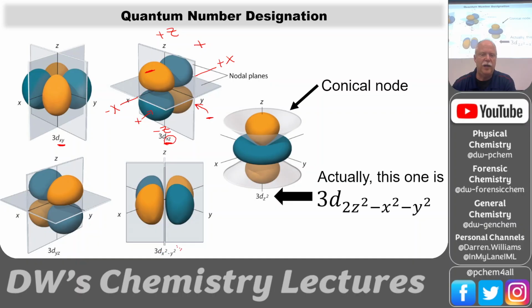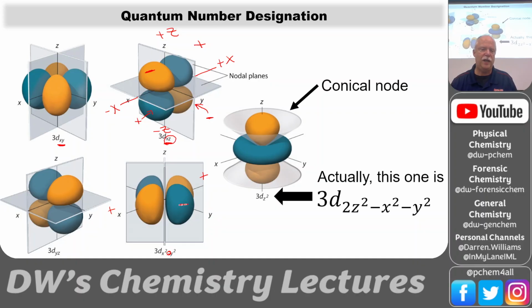Let's look at the x squared minus y squared. In this case, the x squared, if I square the x-axis, these are positive x's here and positive x's back here. And if I were to square the y's, they would all be positive as well. But if I put a minus sign in front of the y's, I make all of them negative.